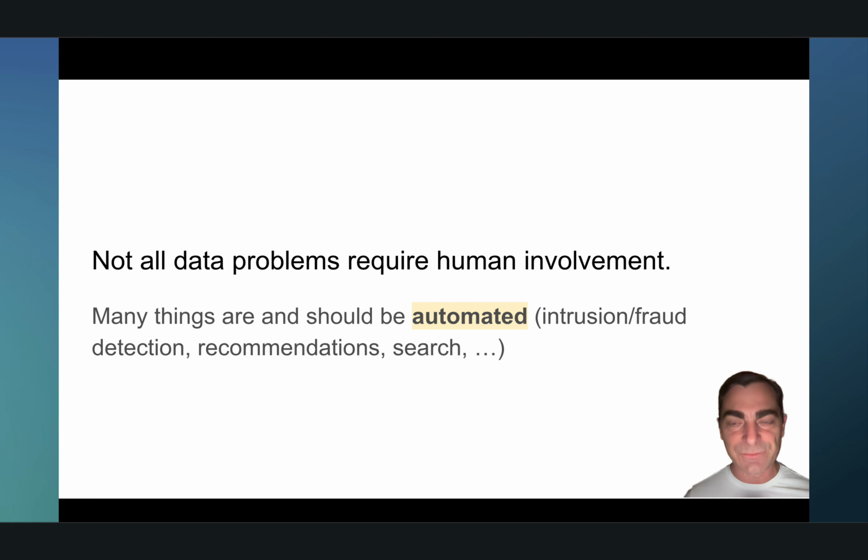There's no human involvement necessary. Just to give you a few examples, if I want to create an intrusion or fraud detection system or recommendation systems or something that powers the search engines, all these things crunch a lot of numbers, a lot of data, but don't necessarily require a lot of human involvement.